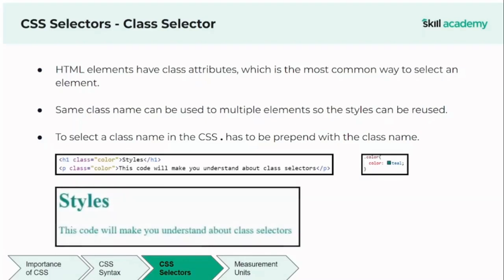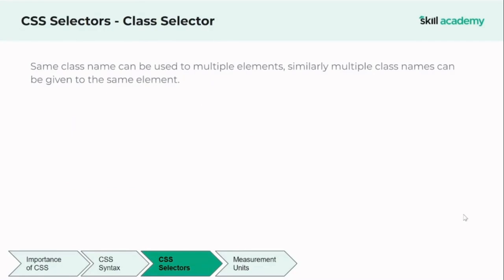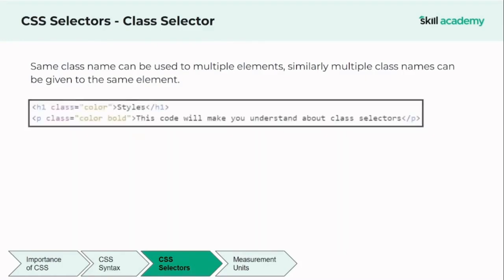Let us see the output. Yes, the header element and the paragraph element contents have the text color teal. As the same class name can be used for multiple elements, similarly multiple class names can be given to the same element. Here look into the example.